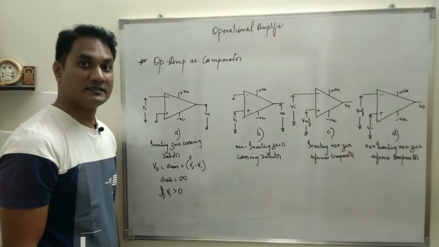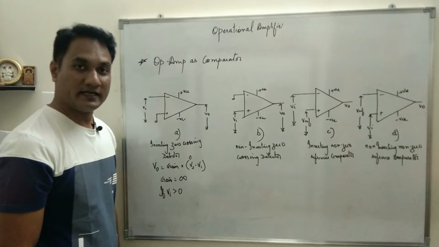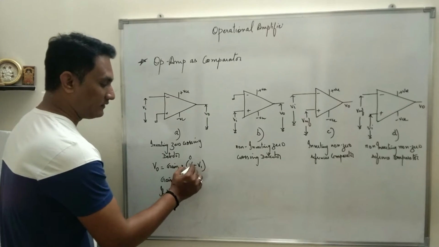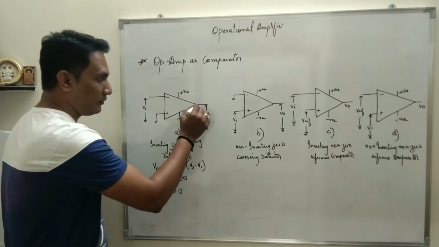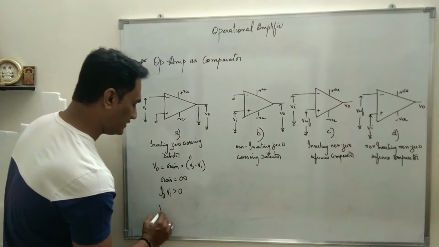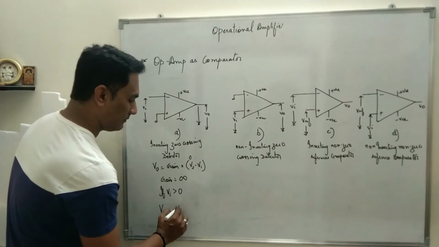Then 0 minus a higher value will be negative, in subtraction. So this difference will be negative, and gain is infinite, so the output will keep on increasing up to negative saturation. So if Vi is greater than 0, V0 will be minus VCC.